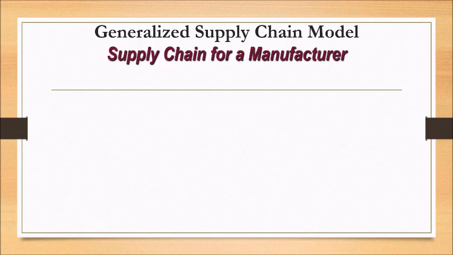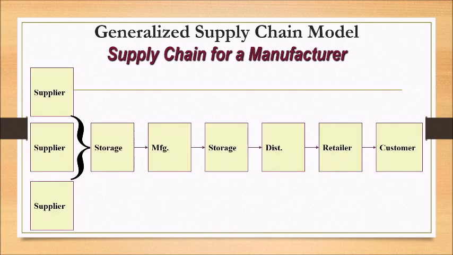So the generalized supply chain for a manufacturer is different, and for a service industry is different. Here you can see in this flow chart that for the manufacturer supply chain, there are always multiple suppliers. Here you can take the example of the tomato sauce again. If you want to manufacture tomato sauce or tomato ketchup, you need tomatoes.